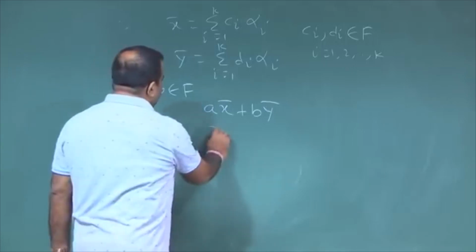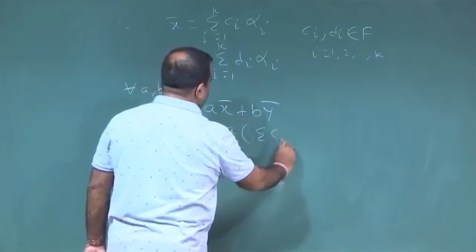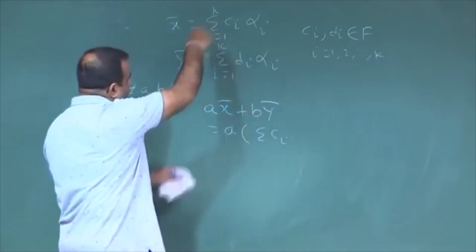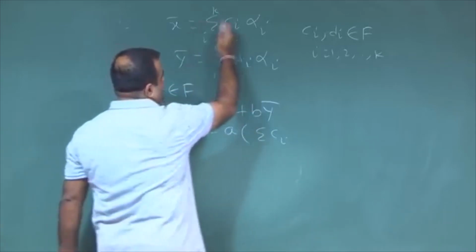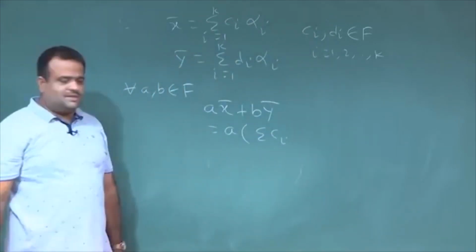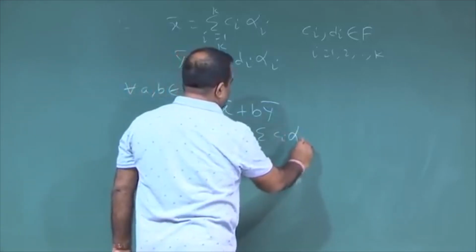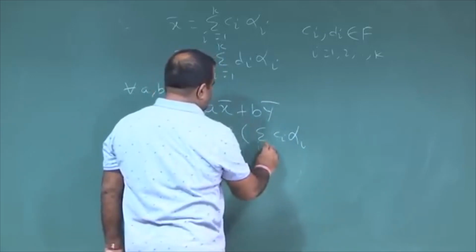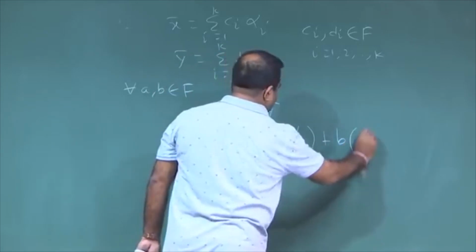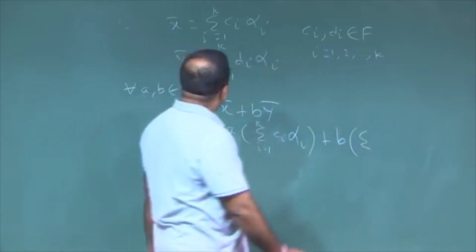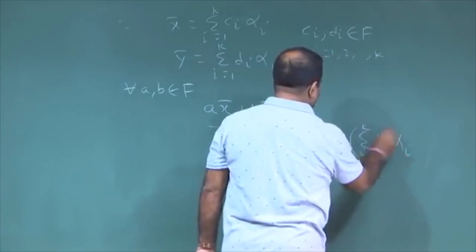So, this is nothing but A times the summation of C I alpha I, I equal to 1 to k, plus B times the summation of d I alpha I, I equal to 1 to k.